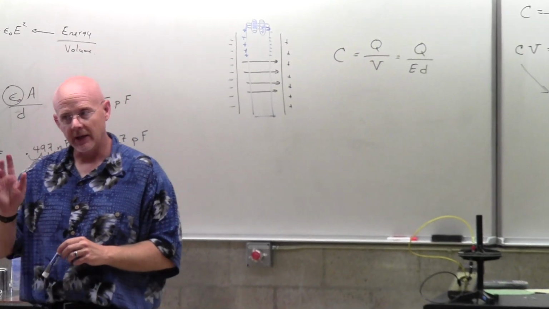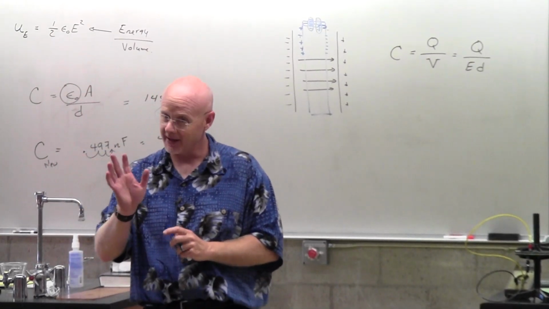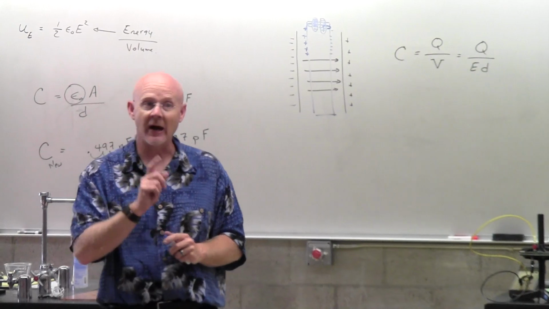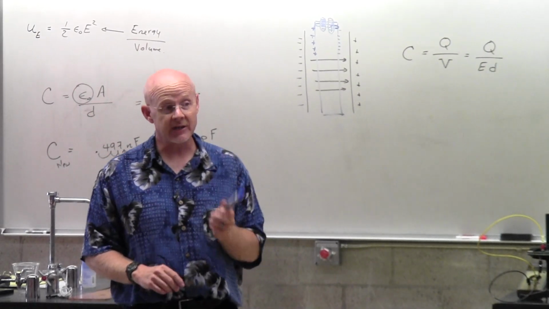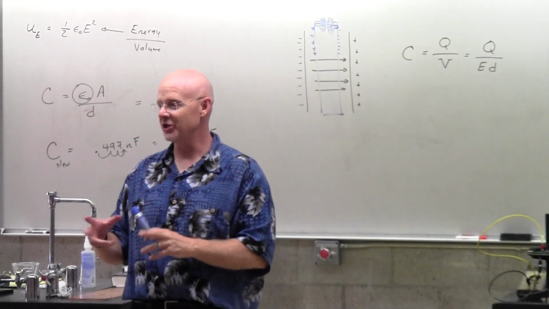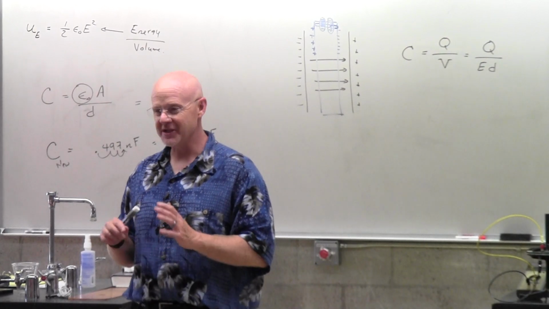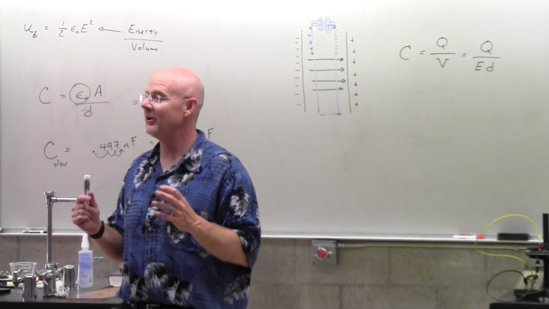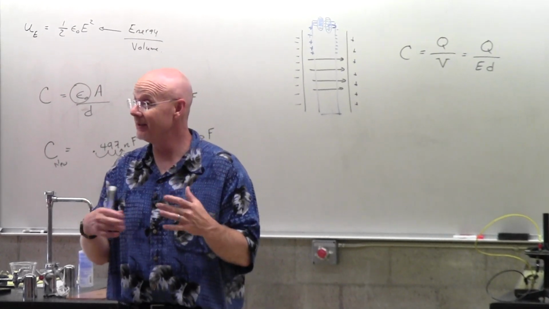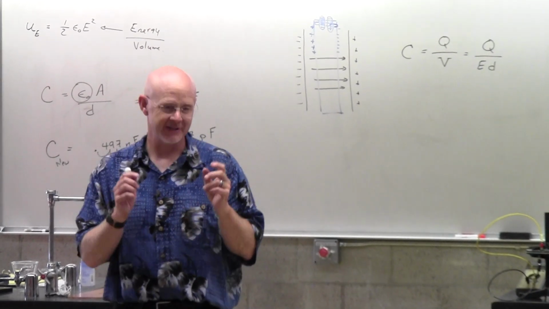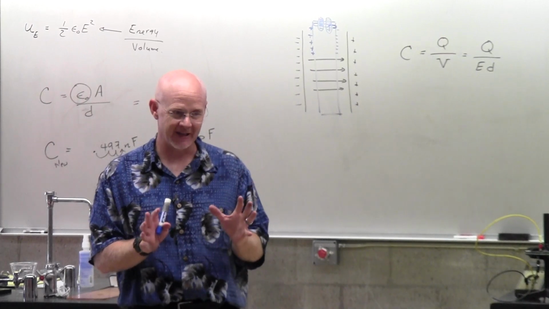Now, it is still different than the conductor. And here's why. If this was a conductor, how many charges could move from one side to the other? All, as many as need to move in order to give you an electric field of what inside? Zero. That's not going to happen for our insulator.